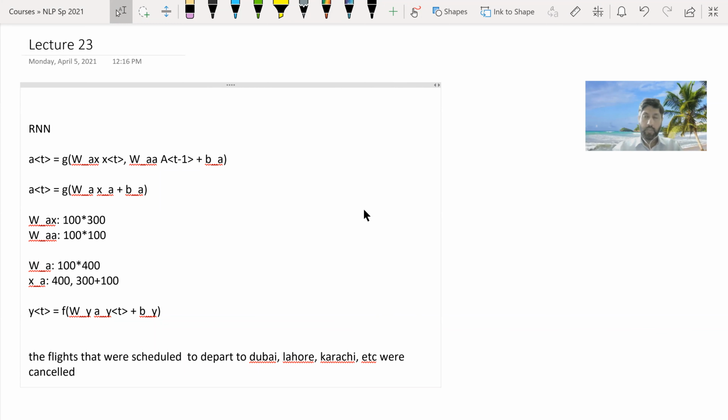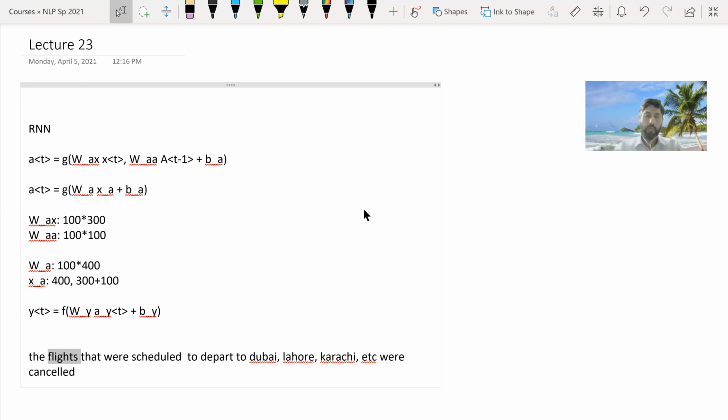And this is, of course, an example, and there could be many other such examples. So this verb here, were, is in the plural tense, because we talked about flights in the plural here. If flights was flight, then that verb would have been was, singular.